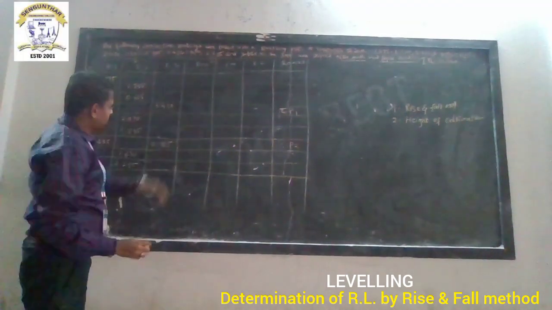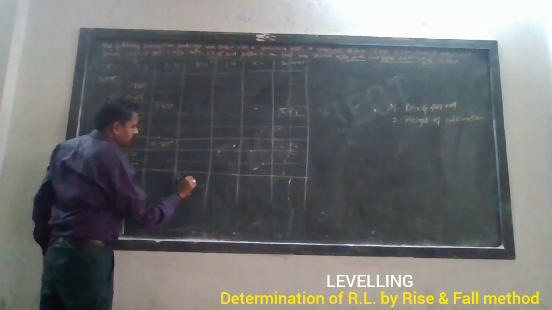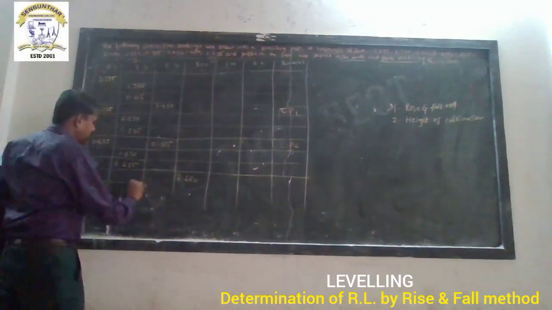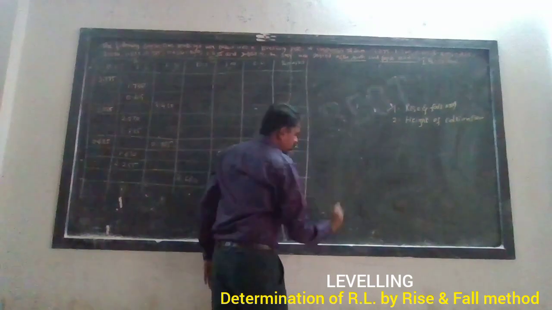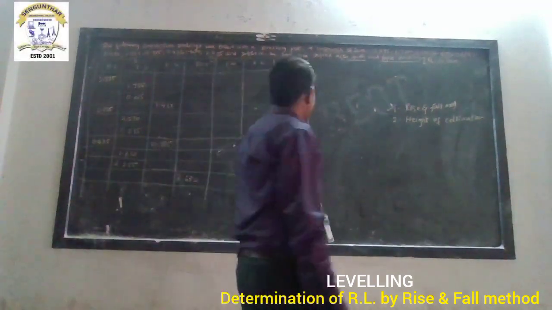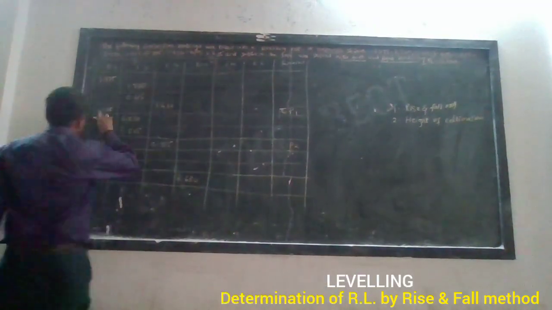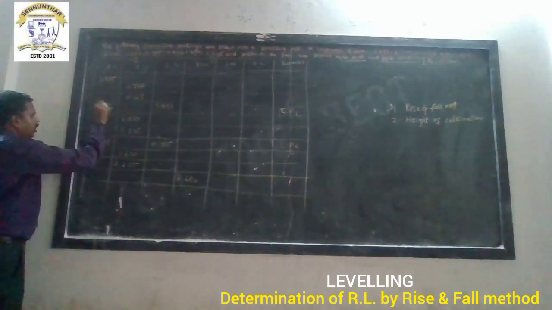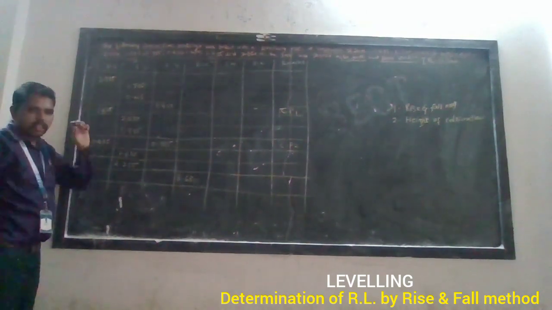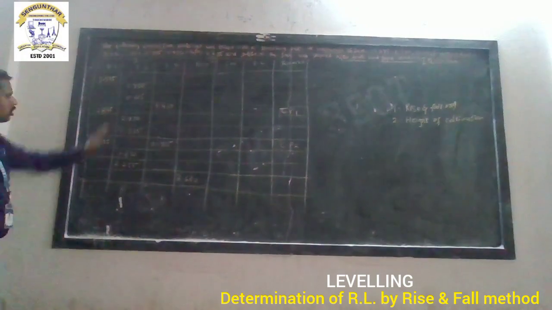The final reading is 2.835. I mistakenly wrote it wrong here; the value is 2.835. So this is the way of writing.